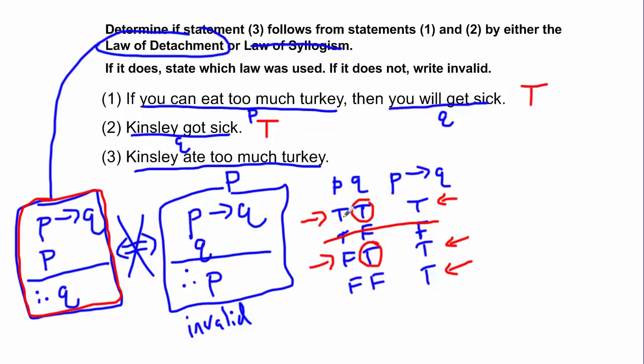Because it could be either true or false, based on the fact that we know that Kinsey got sick. So if you have more than one reason why something could be true, then it's not enough to make that conclusion. We don't have enough evidence, and therefore that's why we say this is invalid.